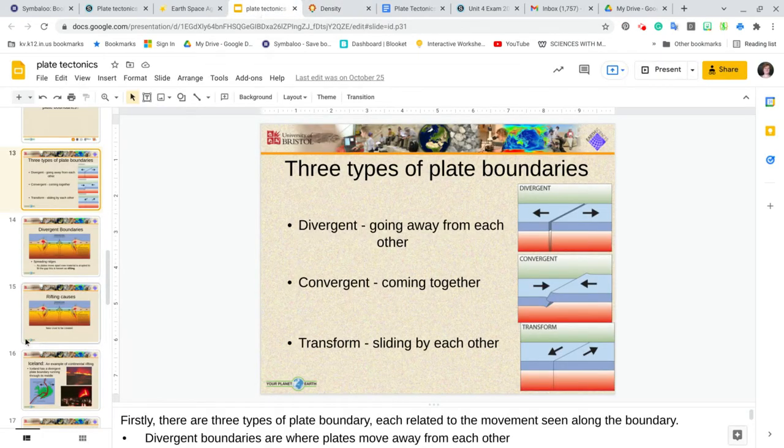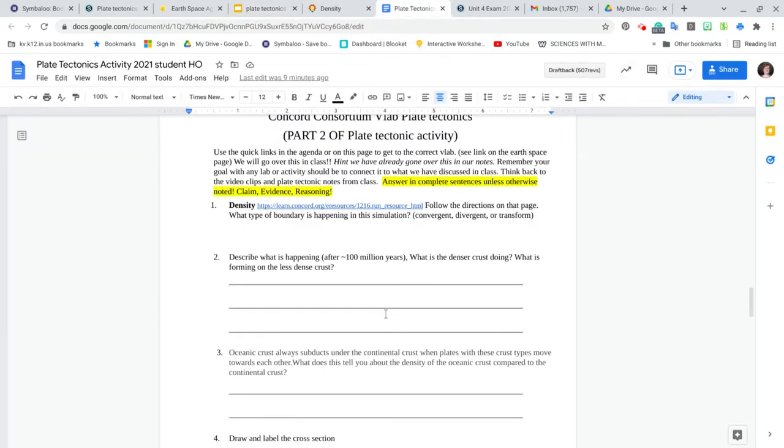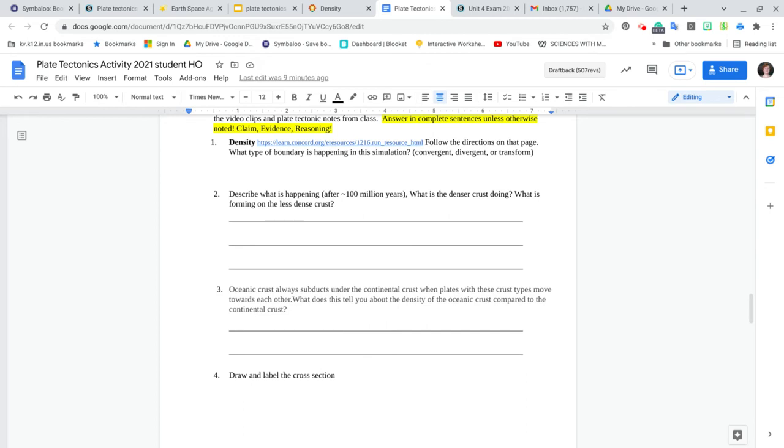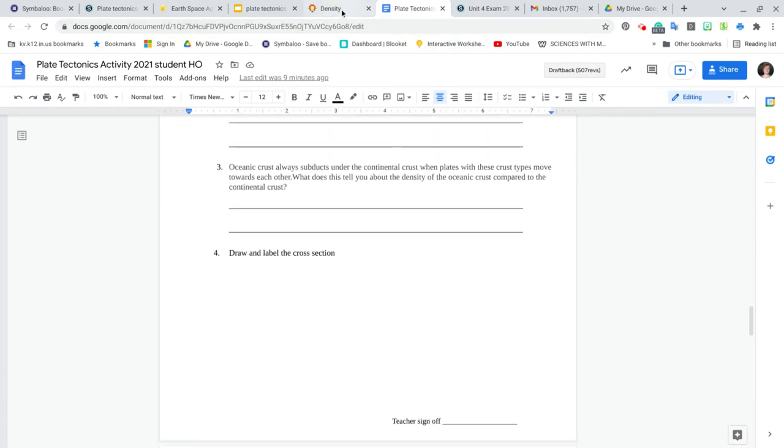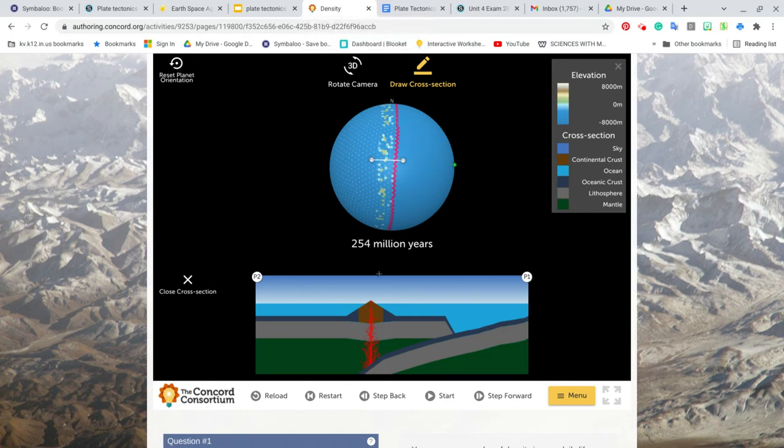If not, go back to here and read through. And then here it says draw and label the cross section. That's your cross section. So you want to show me that you have the one crust like that, and you have the second crust that's heavier being pulled under.